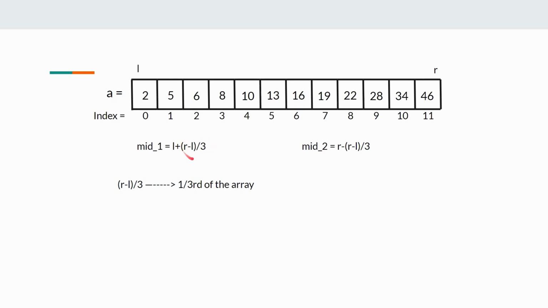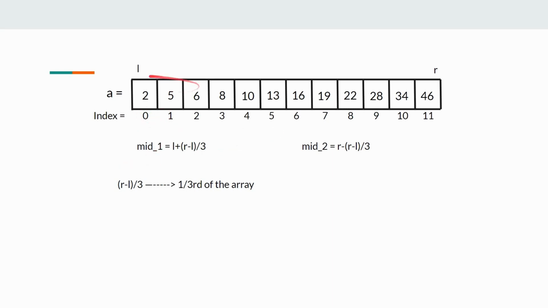This part is the right side minus the left side, divided by 3. When we do right side minus left side, that's the length of the array, the rightmost minus the leftmost. You have to keep one thing in mind: these are index numbers, so we are doing our calculation with respect to index logic. It starts from 0, not from 1.